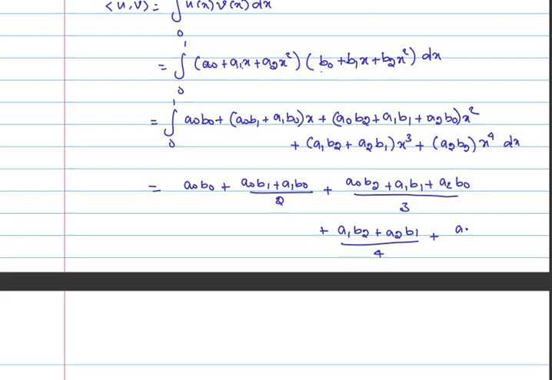Finally a2 times b2 divided by 5. This is the inner product of u comma v.